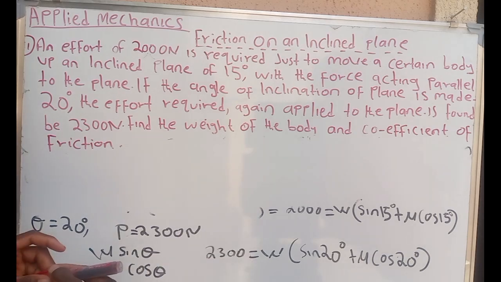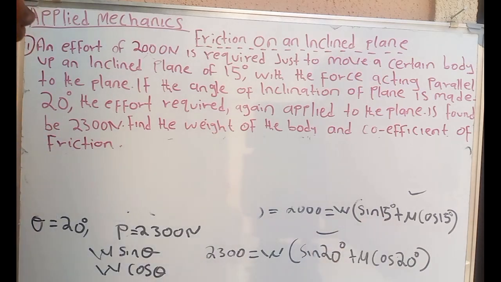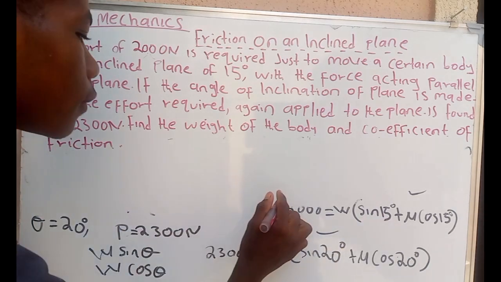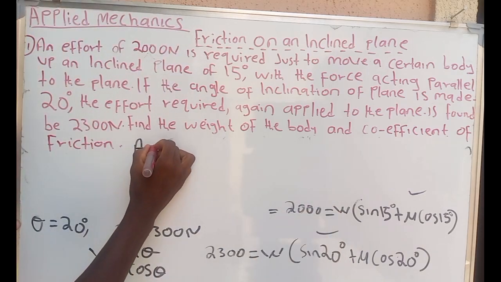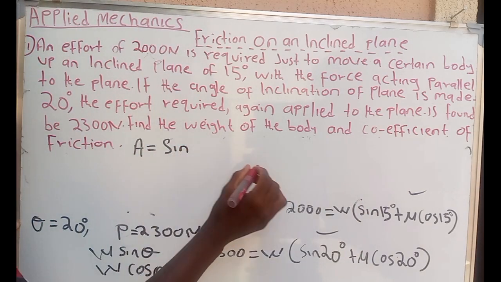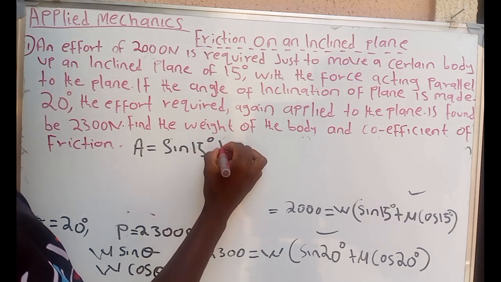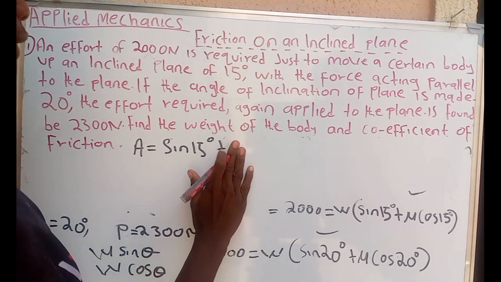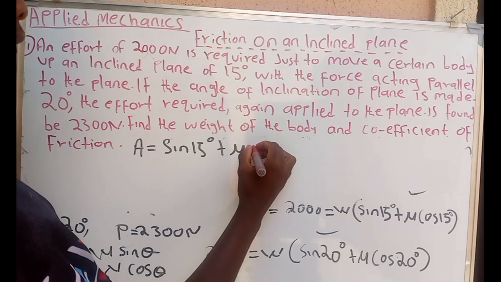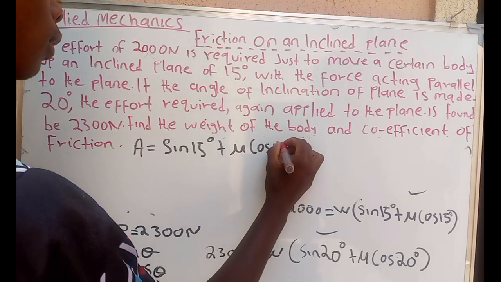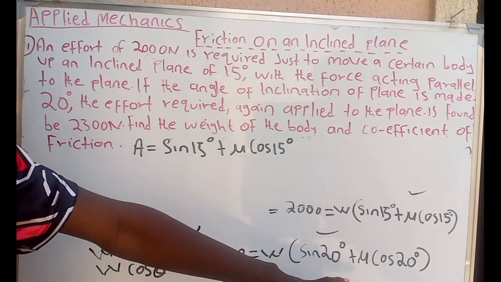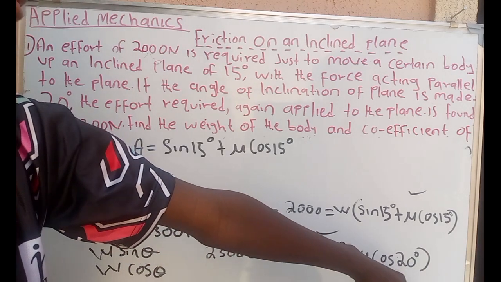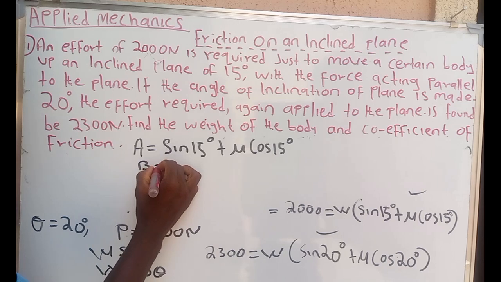So we have to let the first one be A and the second one be B. Therefore, let's say A should be sine 15 degree plus the coefficient of friction, which is mu, cos 15 degree. And we let sine 20 degree plus mu multiplied by cos 20 degree be our B, the value of B.